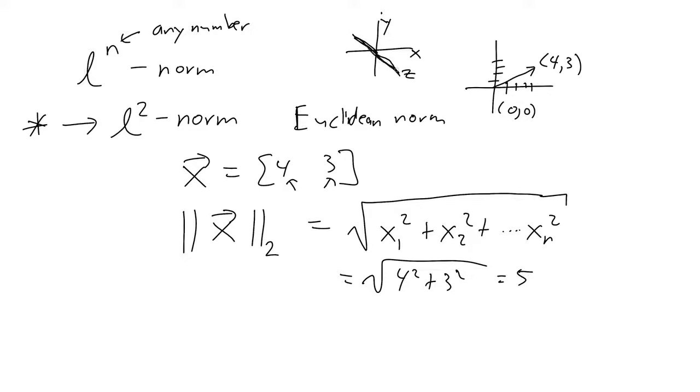So if I had the vector 4 in the x direction, 3 in the y direction, and then you kind of have to imagine coming out towards us in the z direction some amount, right? I forget what I said for the z direction. Let's say I said 4 again.